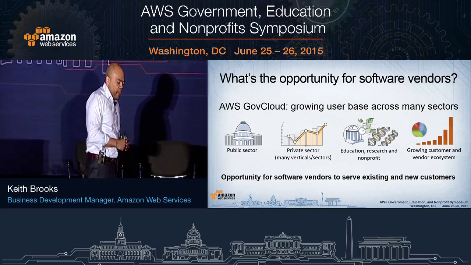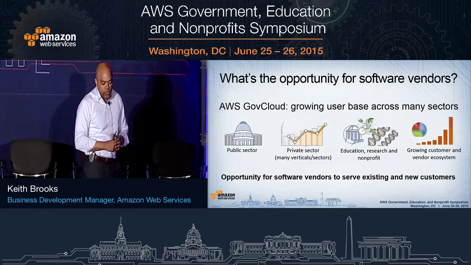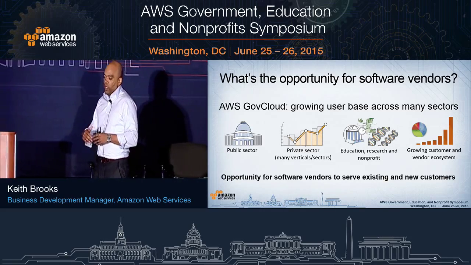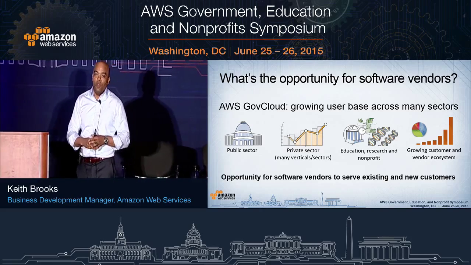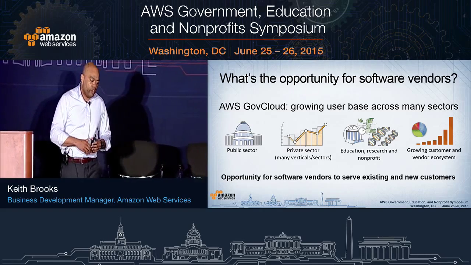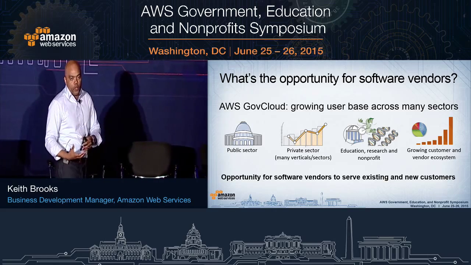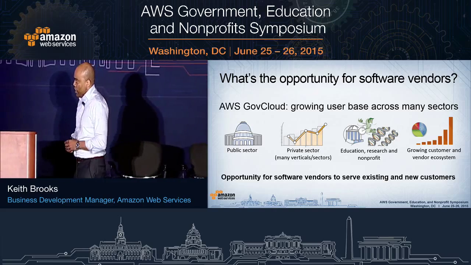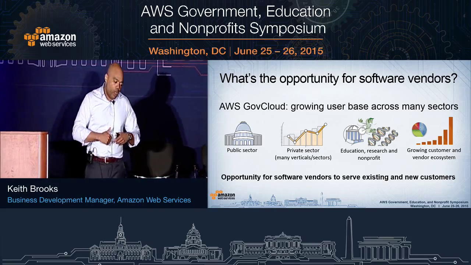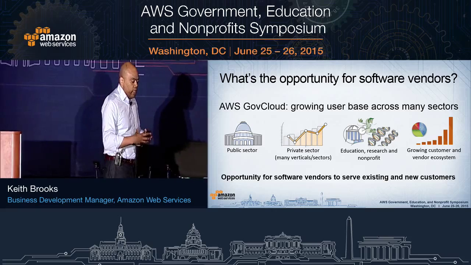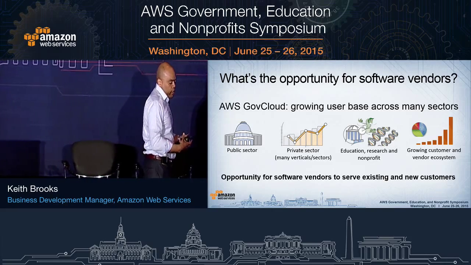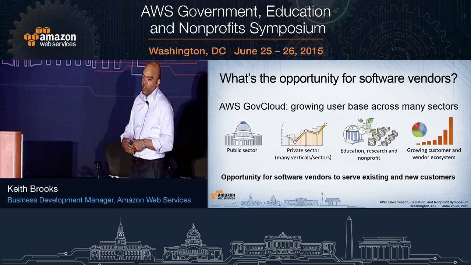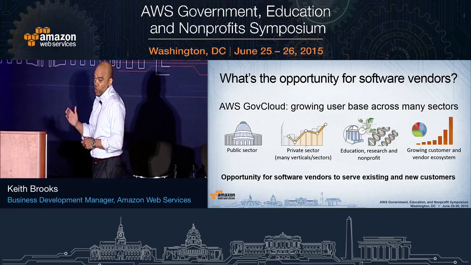As I mentioned, we've had pretty phenomenal growth over the past 4 years, and that growth is across different sectors and industries. It's really resulted in a growing ecosystem of users and customers, as well as technology partners that offer solutions in the GovCloud region to all of the customers that have deployed workloads there. From an opportunity perspective, we look at that as encapsulating the core opportunity for technology firms and software vendors to come to the region and offer their solutions to the wide range of customers that use GovCloud.